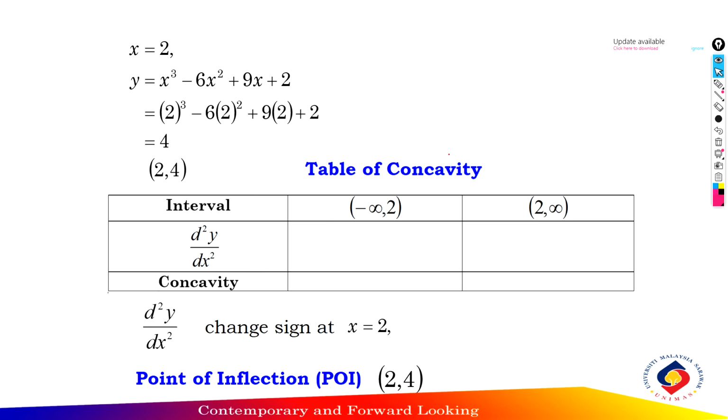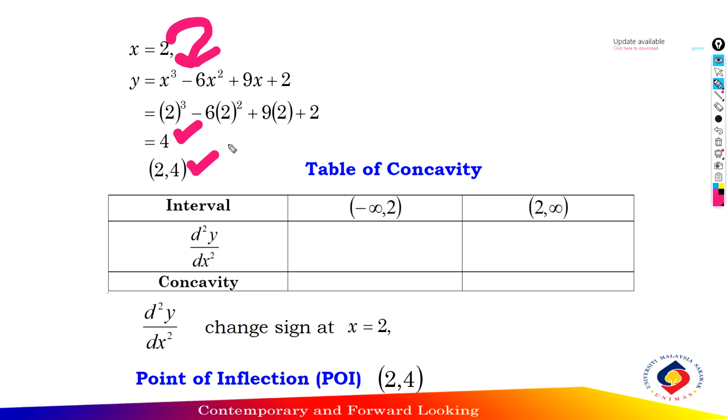Then substitute x equals 2 into the cubic function and find the value of y. y equals 4. So x equals 2 and y equals 4 is the coordinates of the point.